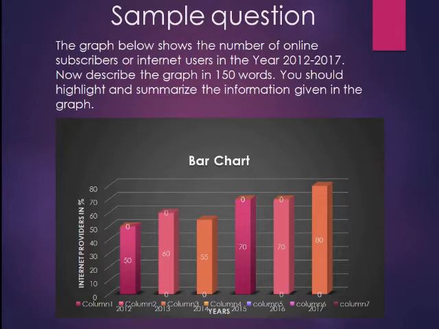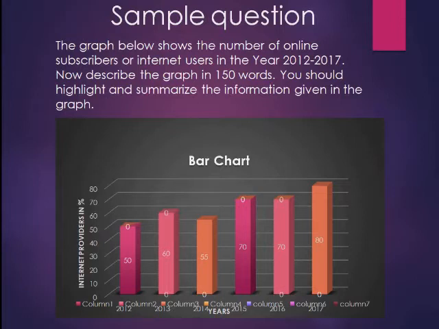If you look at this bar chart, what can you see? Different columns are shown here. There are two axes, one vertical and one horizontal. On the horizontal axis, you can see different columns, column 1 to 7, and these all indicate the years from 2012 to 2017. These years are shown in this bar chart.